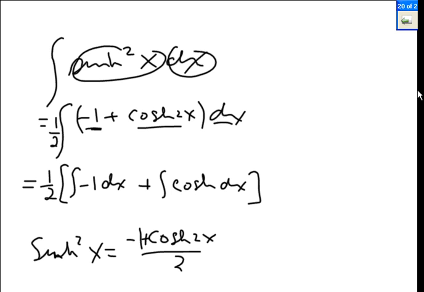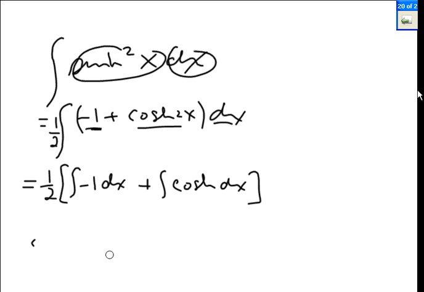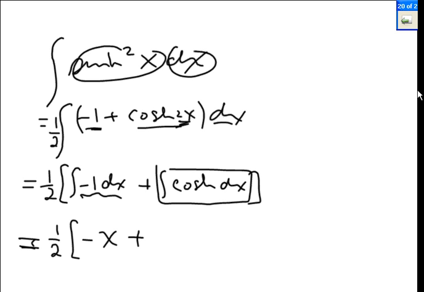And the first integral, I hope, is easy. It's just negative 1. Times, excuse me, it's negative x if I say negative 1. Plus this integral, and of course I have a typo, it's hyperbolic cosine of 2x dx.